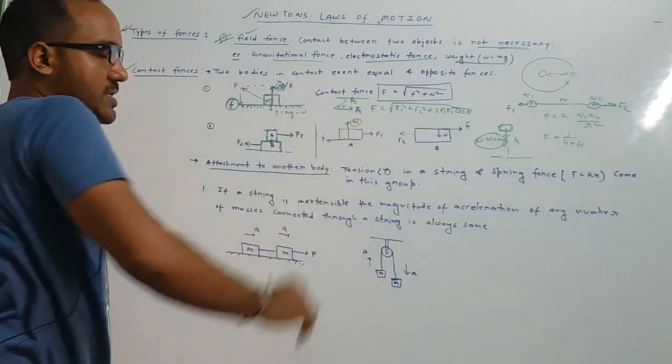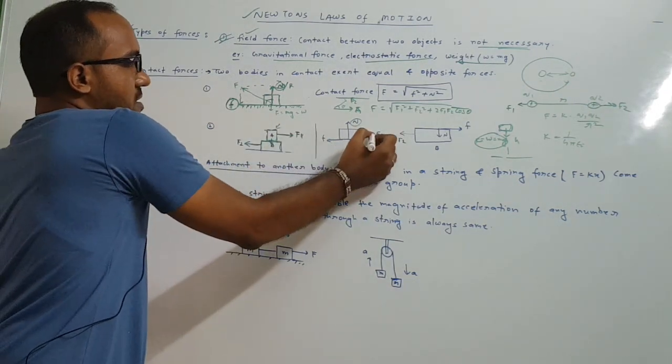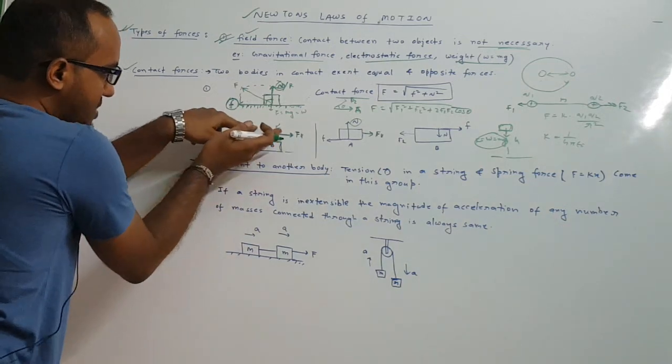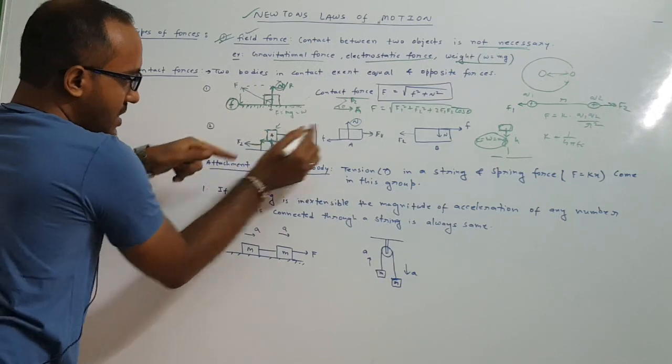Let us say that reaction force is N, and on the right hand side for block A there is a force F1, and if you move that object towards the right side, then the frictional force for the upper object will be on the left side.